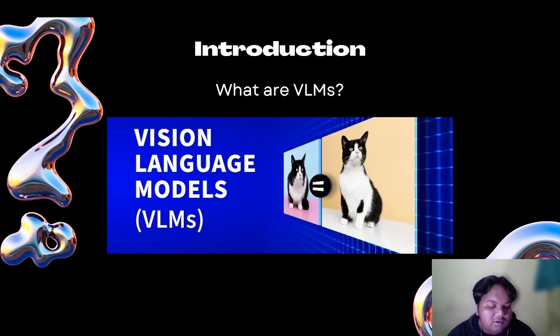The VLM's goal is to gain a complete understanding of the world just like we do, by finding complex connections and meanings between what we see, what we write, or what we say.